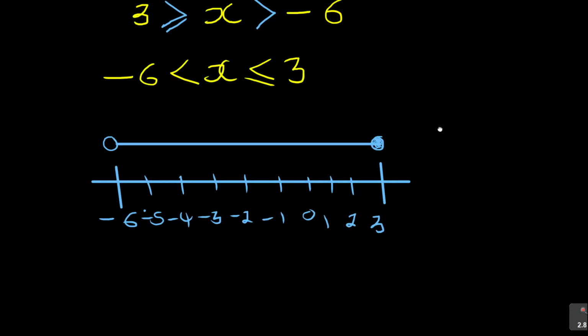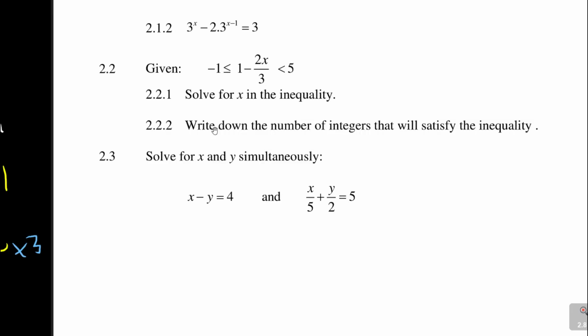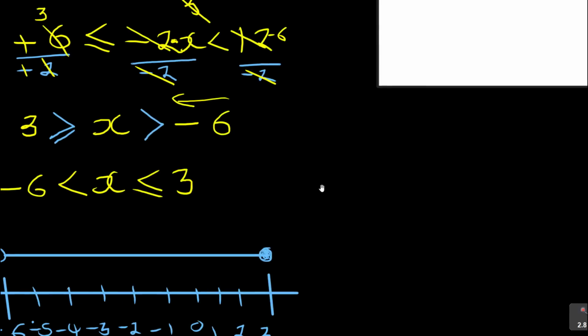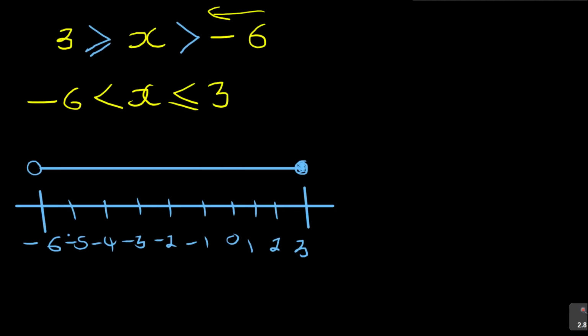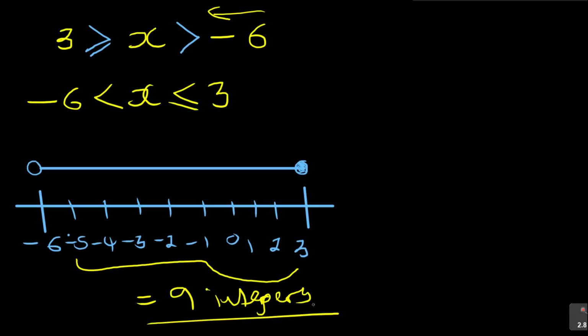If they are saying write down the number of integers, these are the ones. From this one to this one. So how many? It's 1, 2, 3, 4, 5, 6, 7, 8, 9. So equal to 9 integers. Okay, there are 9 of them.